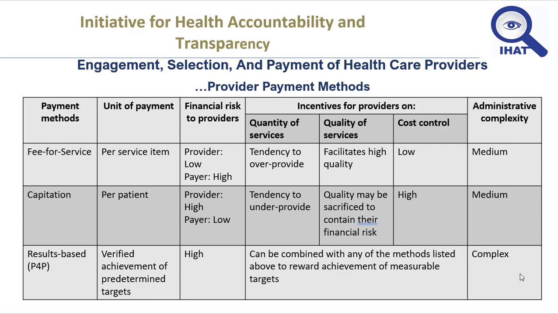The unit of payment is a verified achievement of predetermined targets, and the financial risk to providers is very high. These result-based payments can be combined with any of the methods that have been listed above to reward achievement of measurable targets. However, it's very complex administrative-wise.